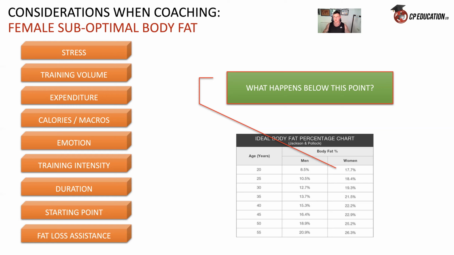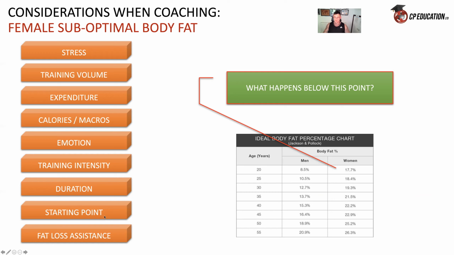Have they started doing cardio and steps way too early? Have they dropped their calories and macros alongside training volume and high stress? That's going to create a higher emotional response. That means that they're going to be trying to push this off their training intensity, which is going to be even more stress. But again, the most important thing for female suboptimal body composition is these two.